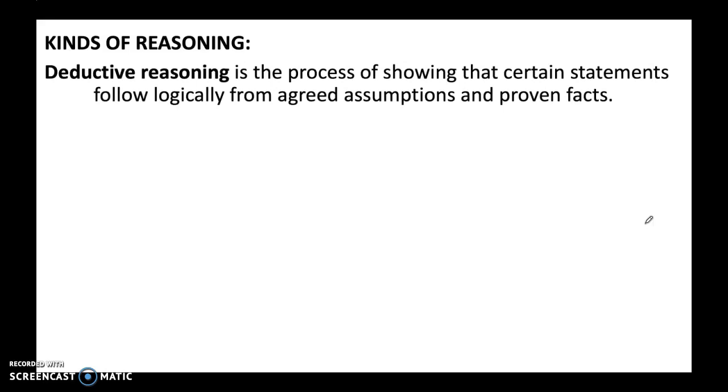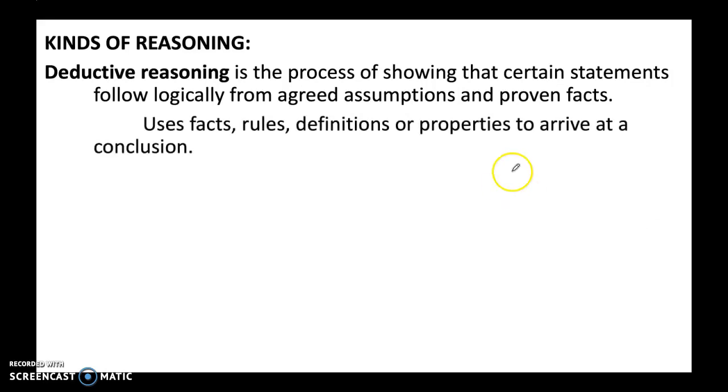Another is deductive reasoning. Deductive reasoning is the process of showing that certain statements follow logically from agreed assumptions or proven facts. So deductive reasoning uses facts, rules, definitions, or properties to arrive at a conclusion.